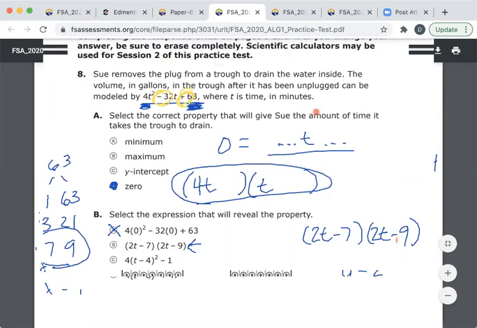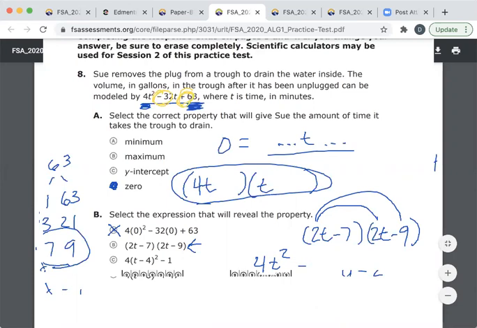So to test this out, if we were to FOIL it, first times first is 4t squared. 2t times 2t is 4t squared. And then outer times outer, so 2t times -9. Oh, wait, I just wrote down 9 because I said 9.